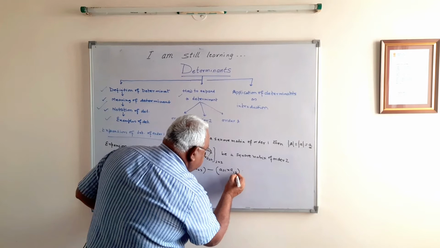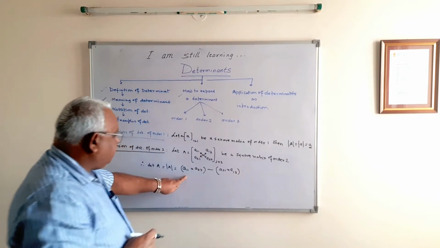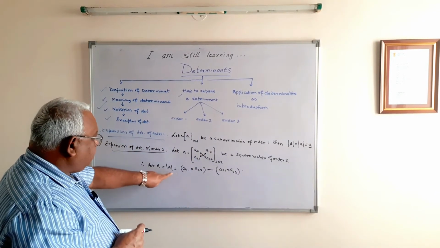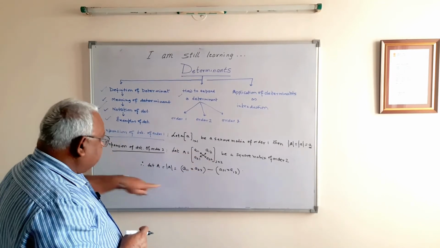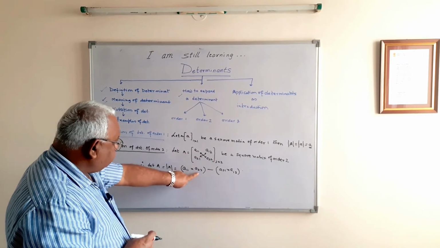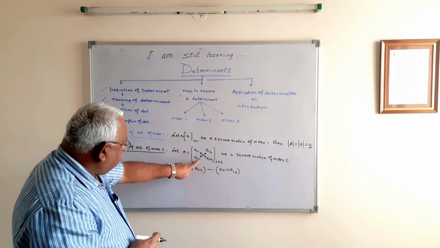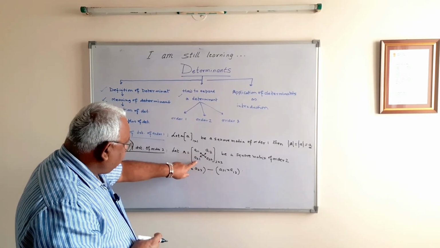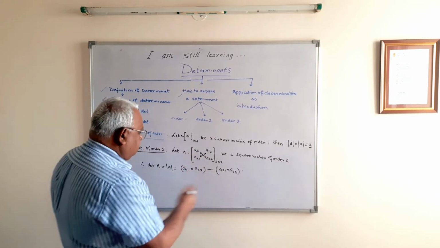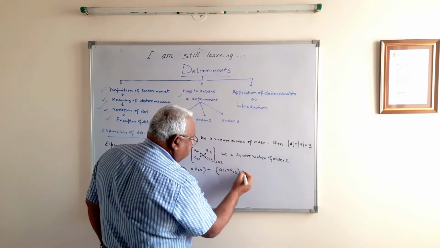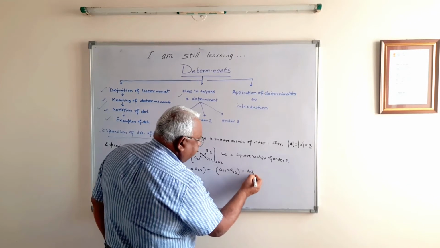So I am repeating again. The determinant of A is equal to the elements on the main diagonal, that is A11 into A22, minus the cross diagonal, that is A21, A12. So that will give you the answer.